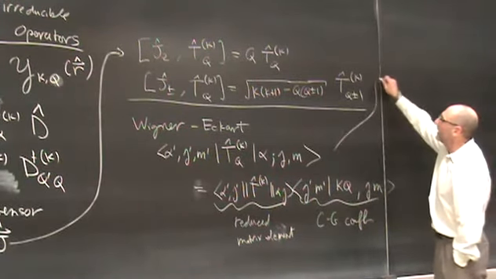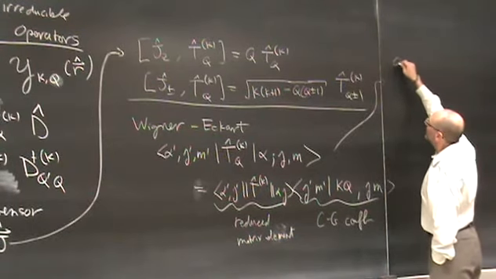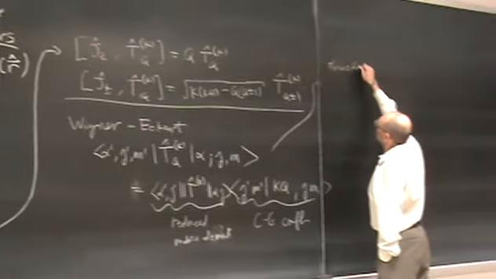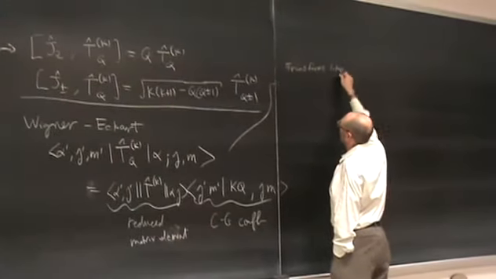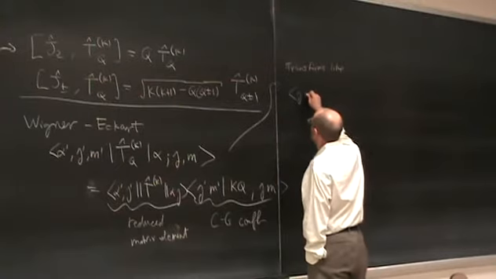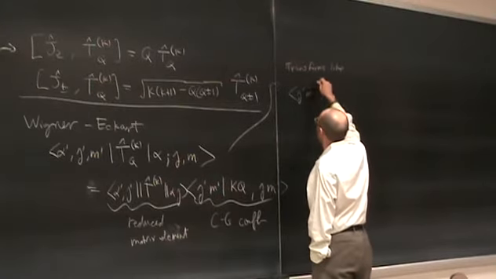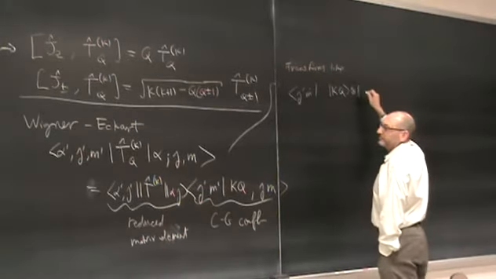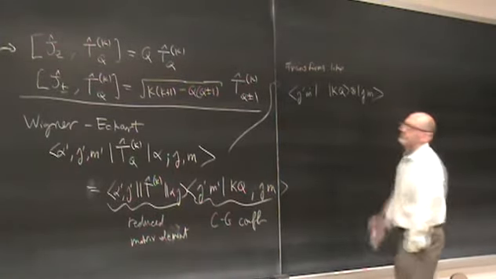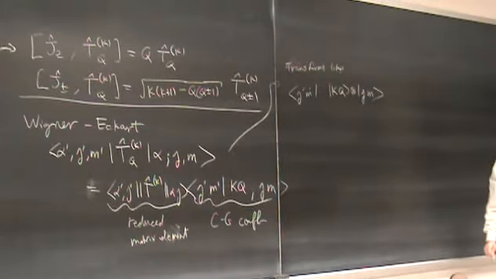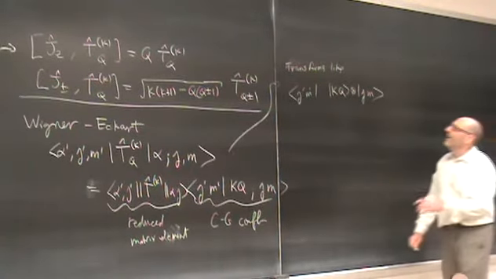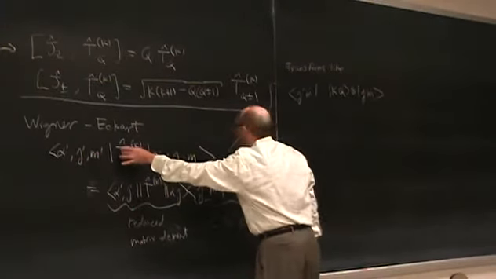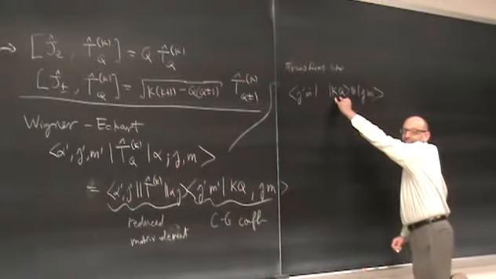By just noting, if we consider this transforms like J prime M prime K, that is to say, this object transforms under rotations like this.